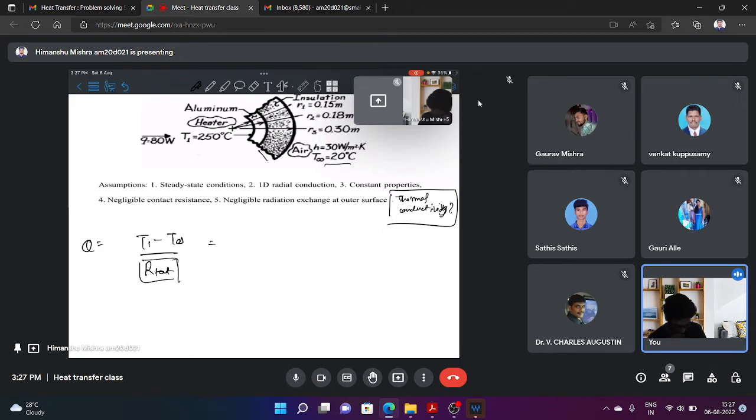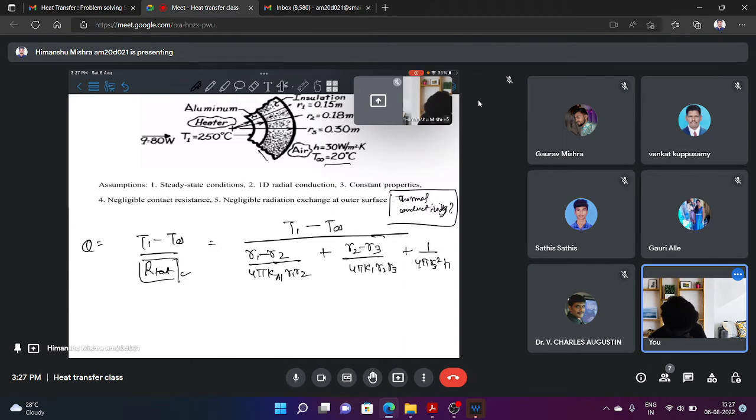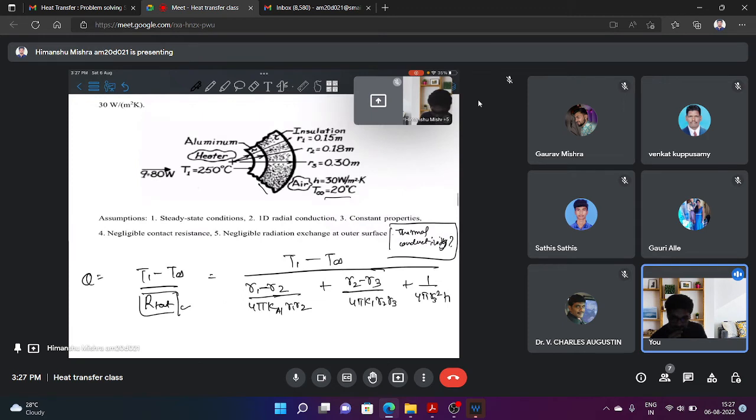I can expand this expression. We need to substitute the given values into this expression.